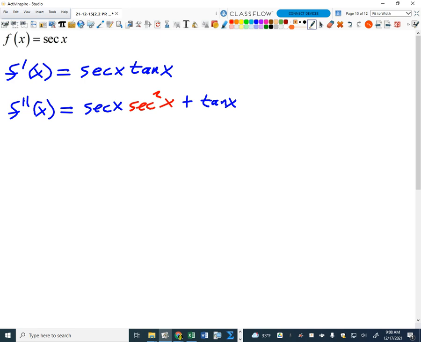Because it's product rule, right? So here we did first times derivative of the second. Now we've got to do second times derivative of the first.